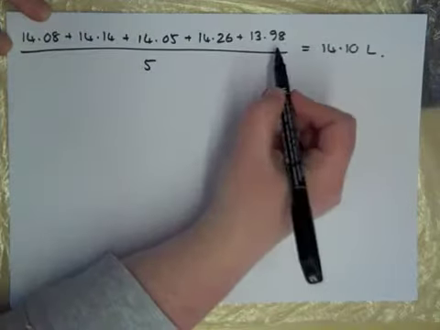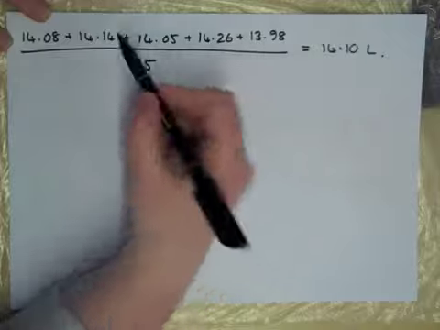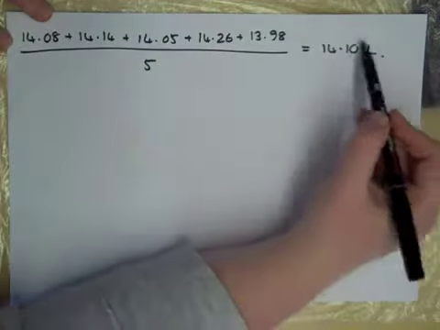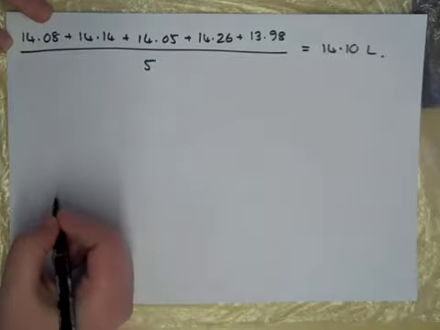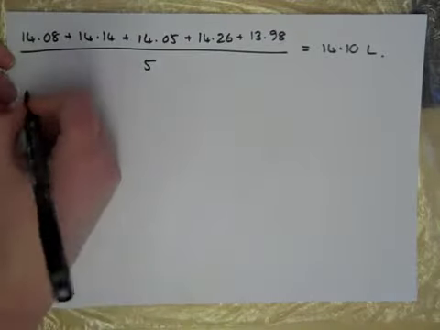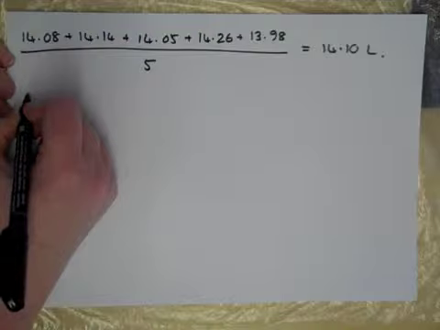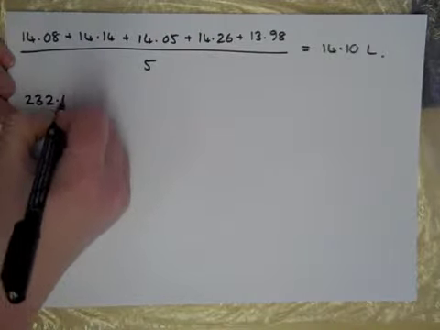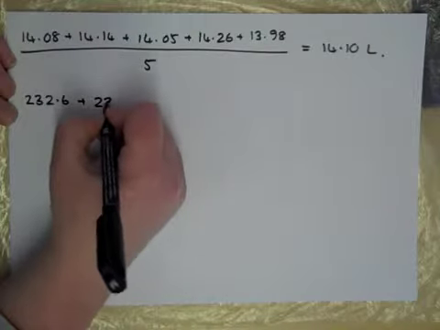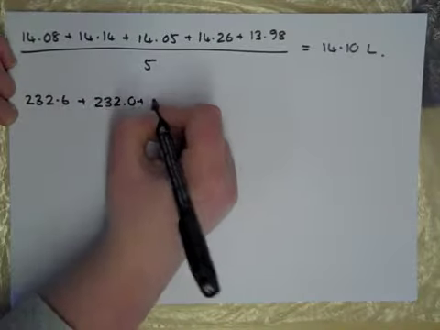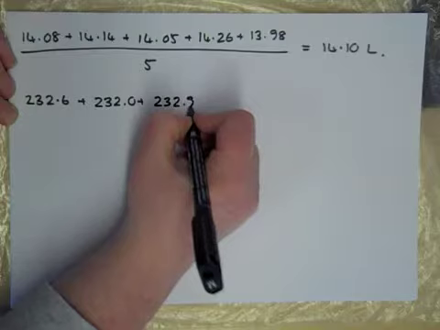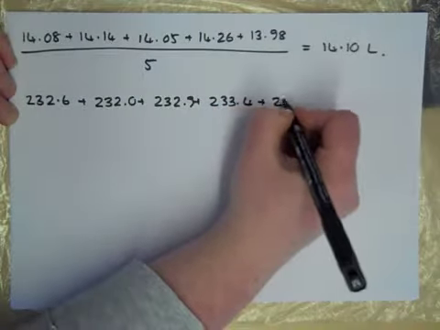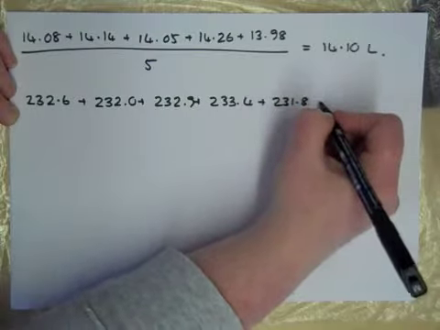Here you notice I have 2 decimal places, so I've added all of these up. I have 5, that's an absolute number, and so I'm going to end up with the same number of significant figures in my answer as I do in my question. The next one was the masses. We were given the masses of 232.6 and 232.0 and 232.9, 233.4 and 231.8.